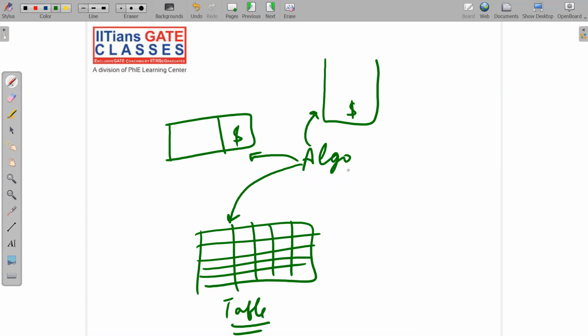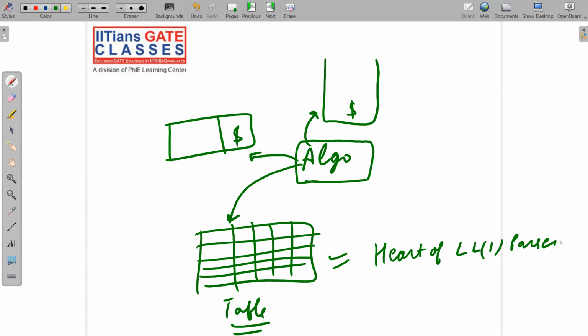So you may be thinking that sir, the algorithm is the main or key part of the LL1 parser. No, actually the table is the key part. You can say the heart of the LL1 parser is the LL1 parsing table.